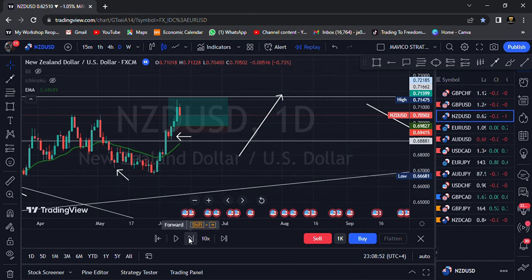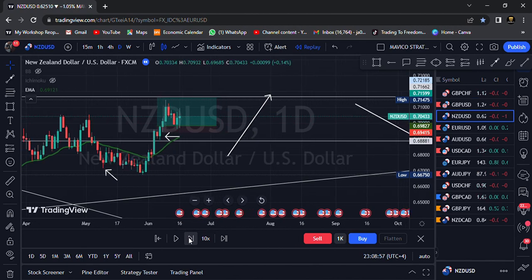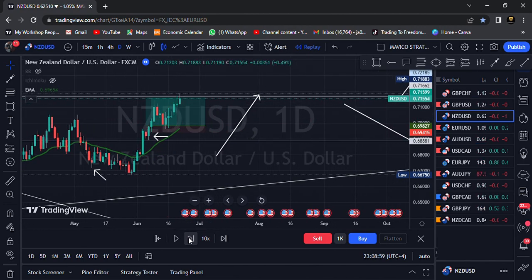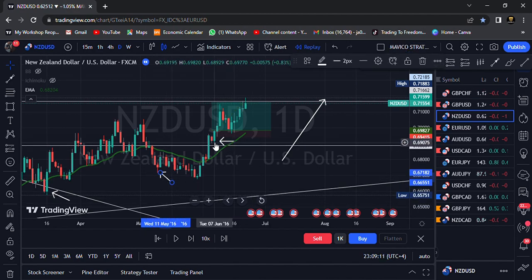We still going. Boom, it hit already. So guys, you see it, that is how it should be done. First this one, second this one, confirmation, you buy here. Never mind if you lost.